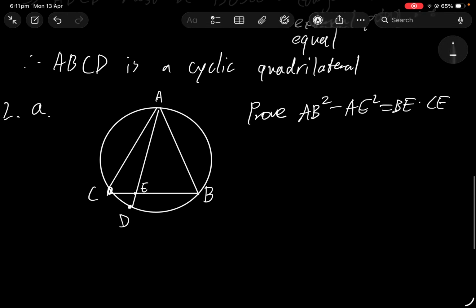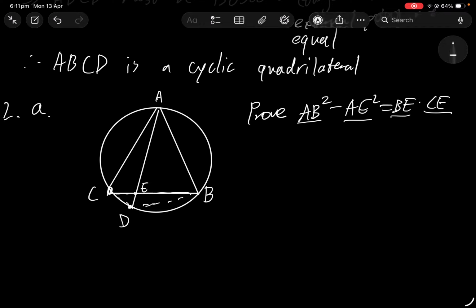So basically, because we have AB, we see AB is this edge, AE is this edge, BE is this one right here, CE is this one. We're gonna focus on the right hand side because most of the lines are on the right hand side. So because D is out here, we're gonna connect D with B, D with C.